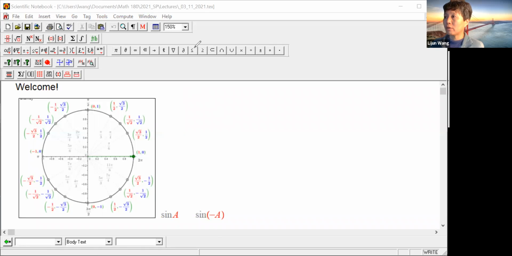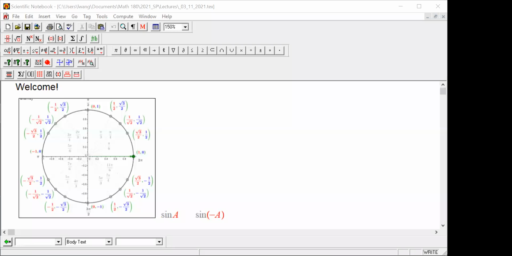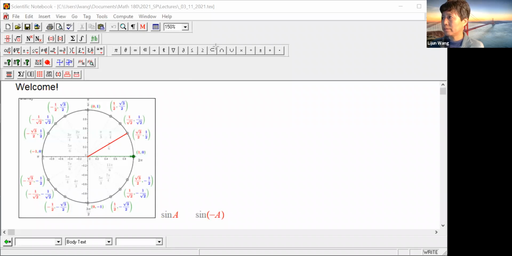Let's look at some special angles if you want. I'm going to use a different color, maybe blue. This is obviously pi over 6, right? Sine of pi over 6 is half. What is negative pi over 6? This is negative pi over 6. Sine of negative pi over 6 is negative half. So opposite angle, opposite ratio.